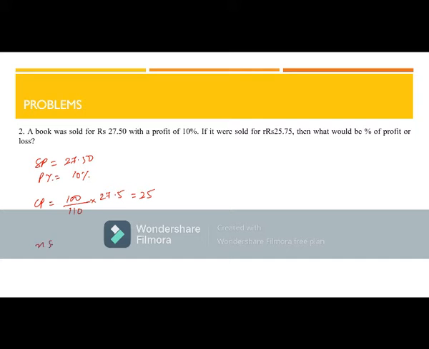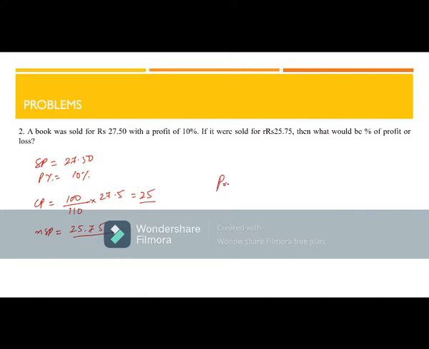So new selling price is given as 25.75. So we see that the cost price is 25 and the selling price is 25.75.